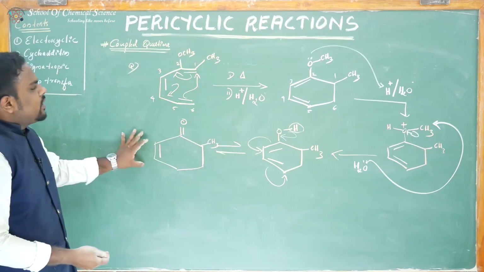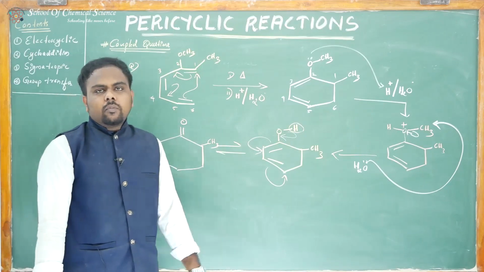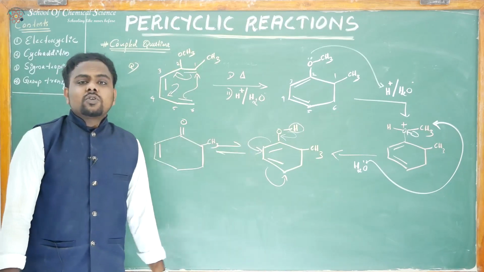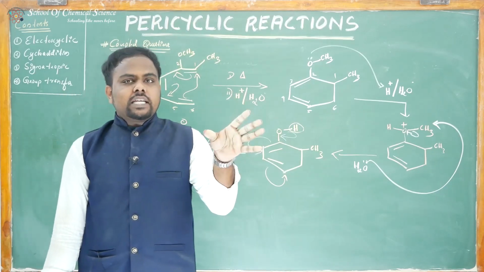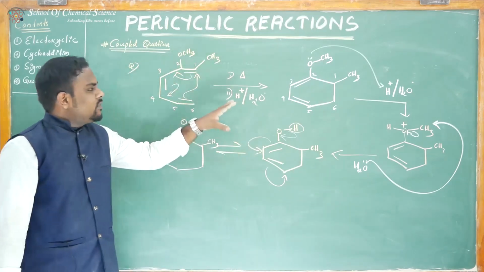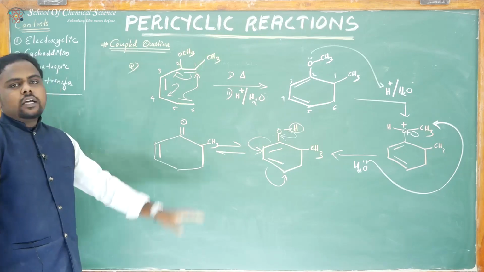So the stable product is an alpha beta unsaturated carbonyl compound. So electrocyclization followed by hydrolysis of a vinylic ether. So two important coupled questions: Wittig reaction with electrocyclization with hydrolysis of a vinylic ether. So very important.